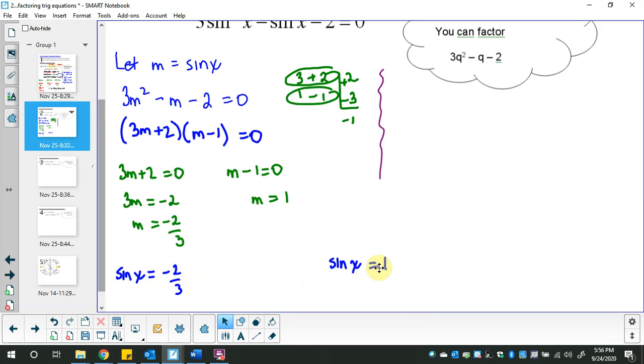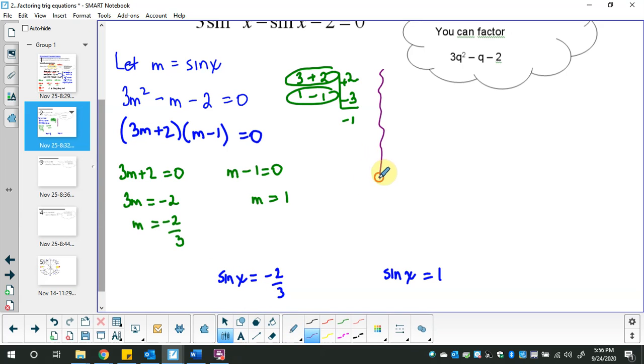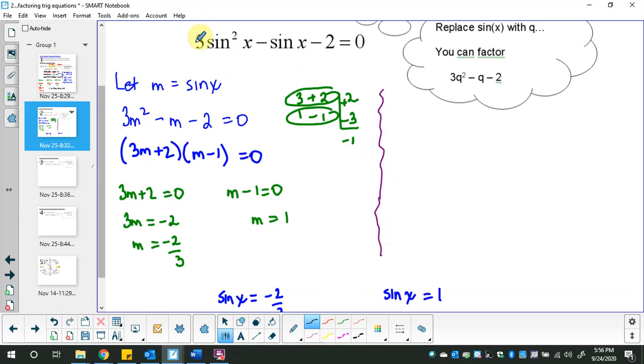Now I'm going to drag this stuff to the center. And the reason I'm dragging it to the center is I can extend my little wiggly line, because if you didn't feel like doing the replacement method, then you're going to end up having to trinomial factor this, and you would end up with 3 sine x plus 2 times sine x minus 1 equals 0.